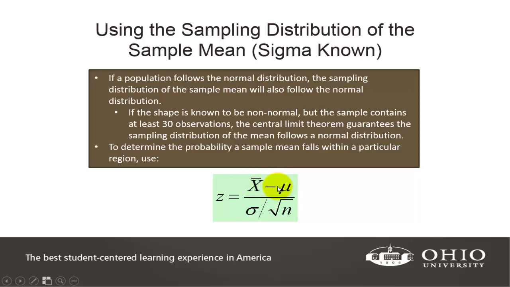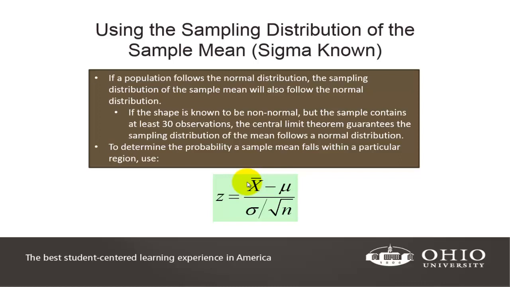If that sampling error is real large, and we already said it's unlikely for the sampling error to be large, then that's an indication to us that our thoughts about what the population mean is are probably not accurate.